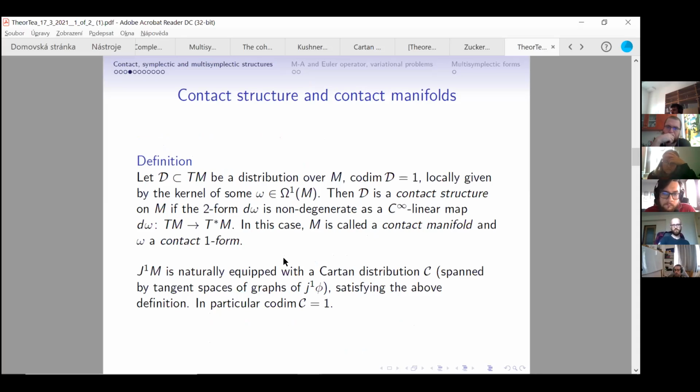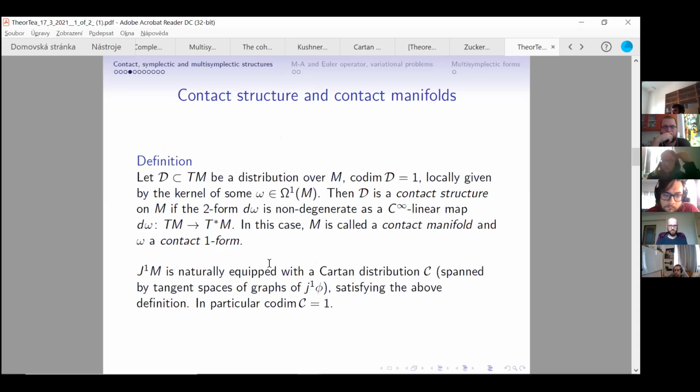So let me recall the notion of a contact structure on a manifold. When we are speaking about a contact structure on a smooth manifold, we mean a distribution over the manifold, so some subset of the tangent bundle. Distribution, I guess everybody knows. If not, then just ask. But I assume the knowledge of that, at least basic.